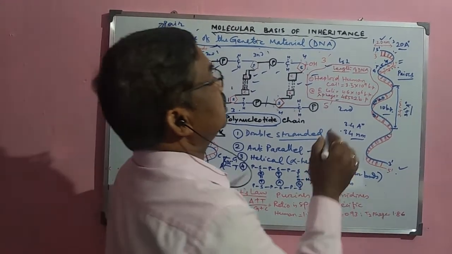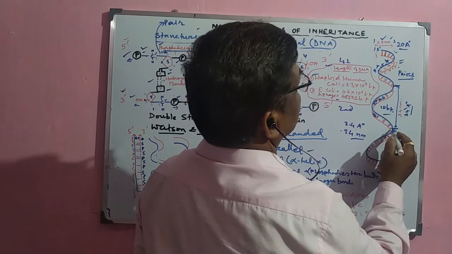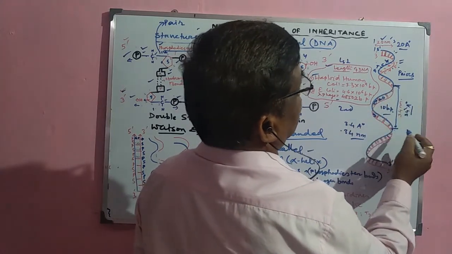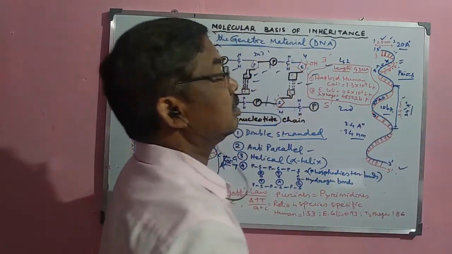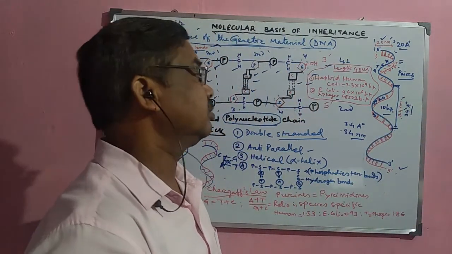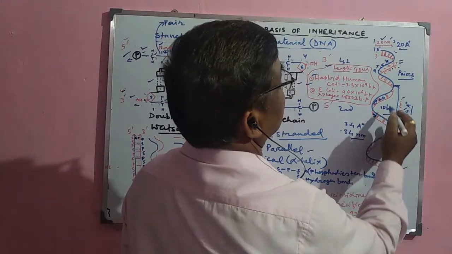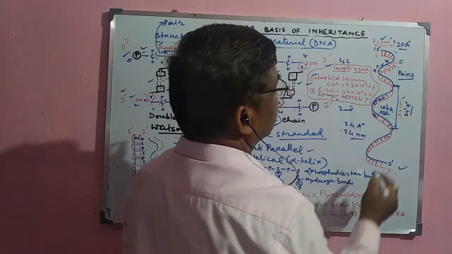Now, in each turn, suppose this is one turn, the length is around 3.4 nanometer or around 34 angstrom. In one turn there are 10 consecutive base pairs.